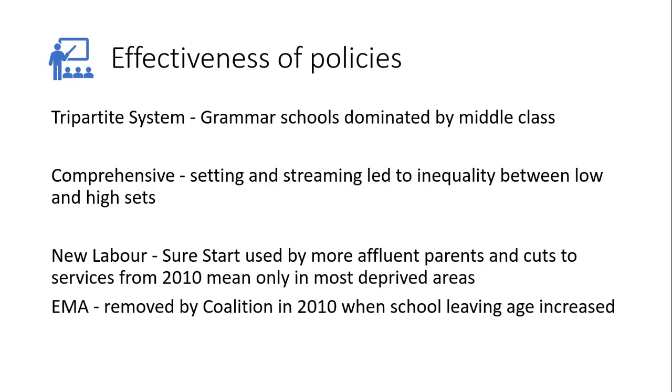The comprehensive system, while theoretically offering equality of outcomes, in reality saw a great difference between those in the higher and lower sets. It was suggested that both EMA and Sure Start were not targeting those most in need, and so were removed or reduced significantly, with Sure Start centres today operating in only the most deprived of areas and on a far more limited scale, while EMA was removed when the school leaving age was raised to 18.